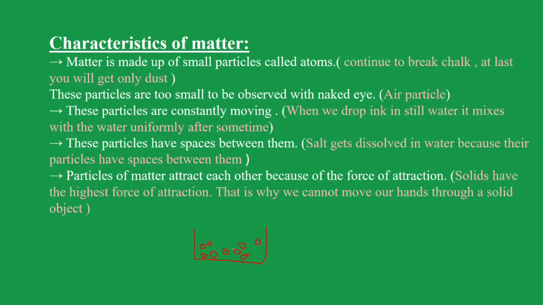This is all the water. So you can see that in this water there is space between the molecules. Now suppose we add some sugar. What happens to the sugar particles? They will be embedded in between these molecules. They will fix themselves in, and so it seems that they dissolve in the water, due to this space.